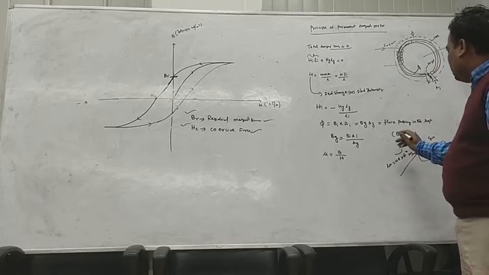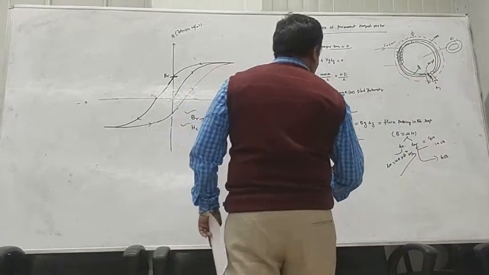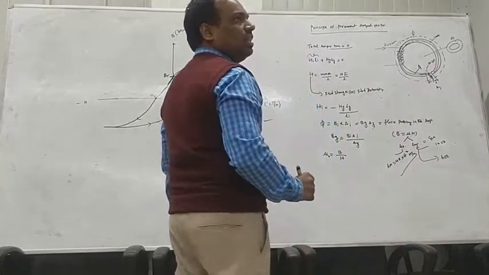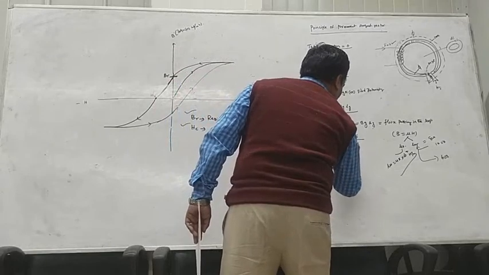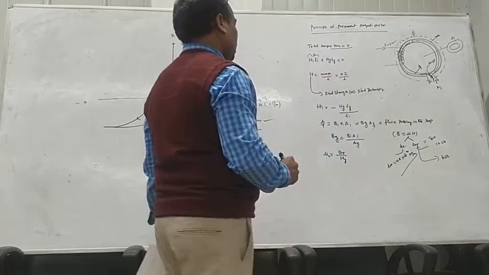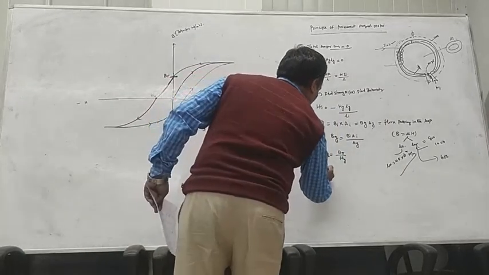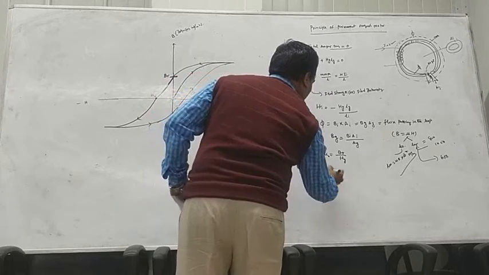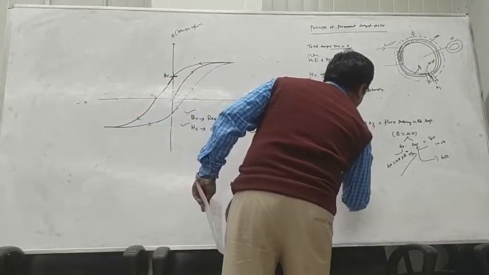So let us see here. Mu naught is equal to Bg by Hg. So what I would like to convey here is mu naught into Hg is equal to Bg.